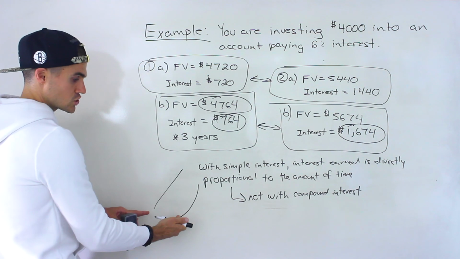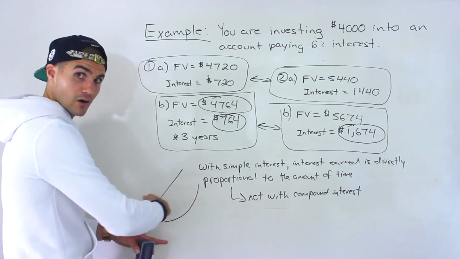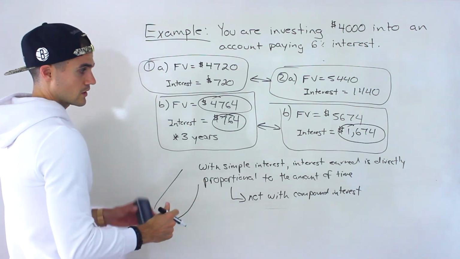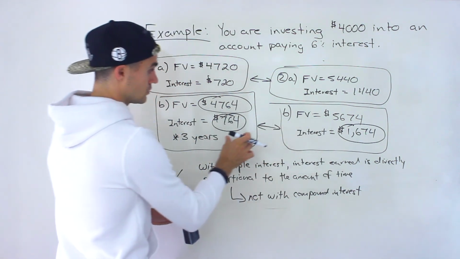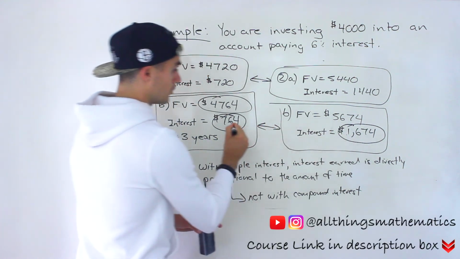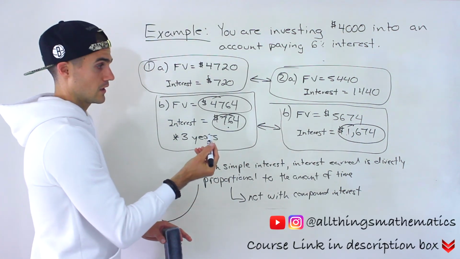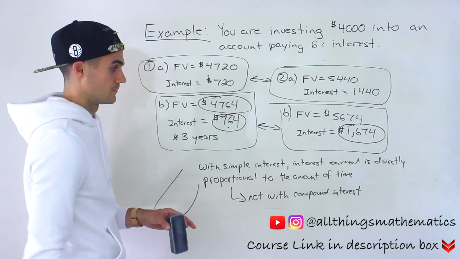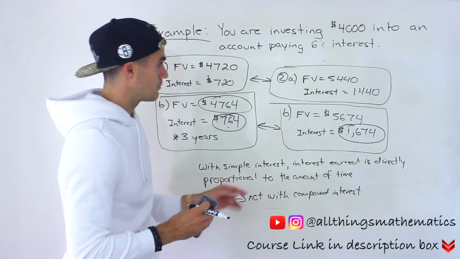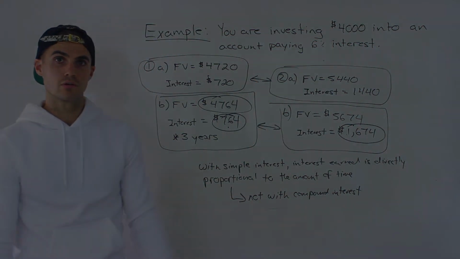And so the changes are getting bigger and bigger as time goes on each time. So it's not directly proportional. Notice the time got doubled, but the interest was more than doubled versus here. It wasn't directly proportional. All right, so that's the point I wanted to make with this video, comparing simple interest to compound interest.